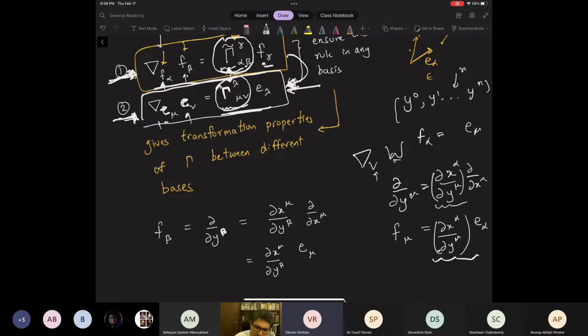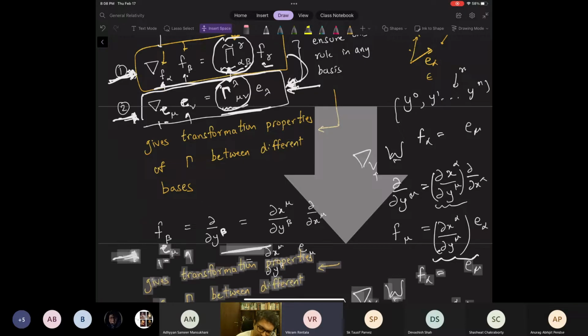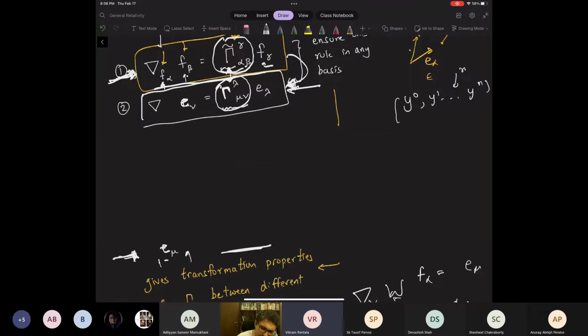Here, no. The e nu and e mu are different basis vectors. If nu and mu are independent, then these are different basis vectors. If they're the same, then they're the same basis vector. So maybe I'll just write it here. This is like saying, okay.